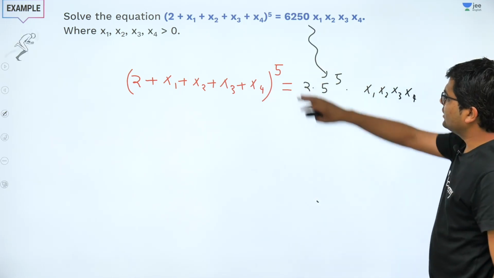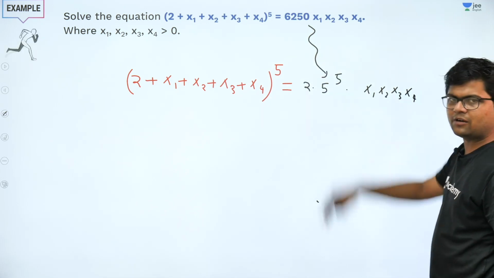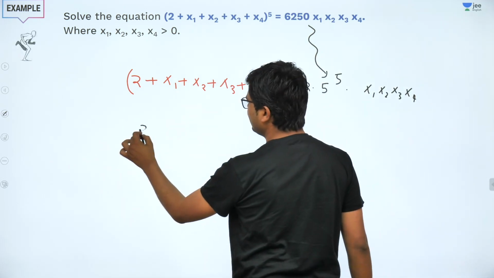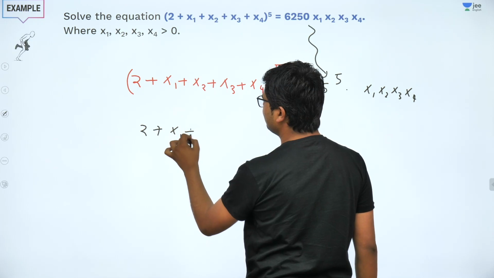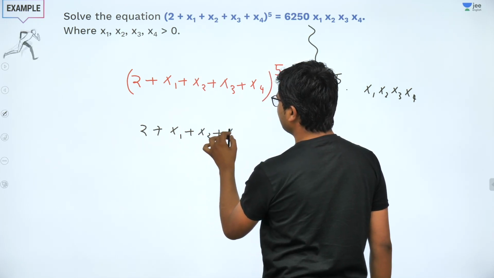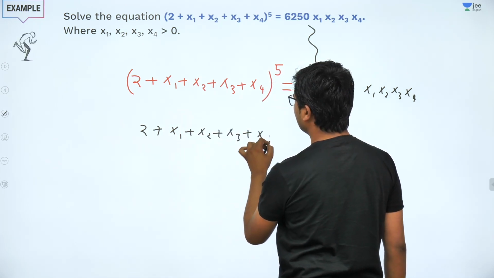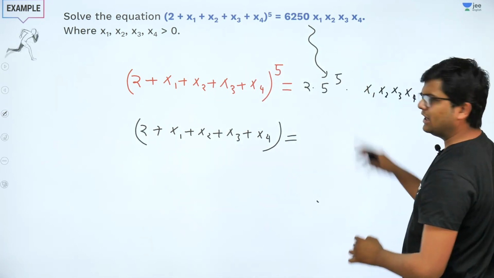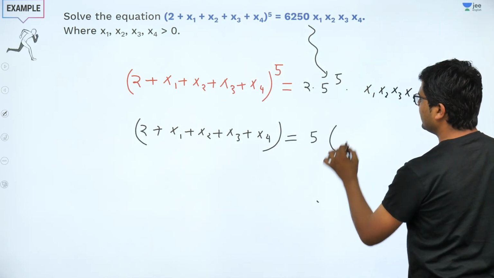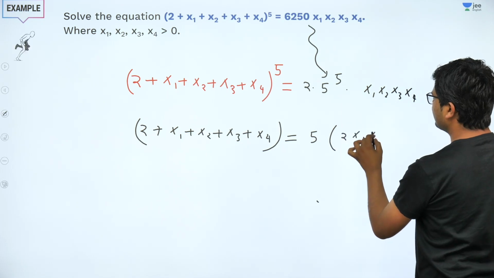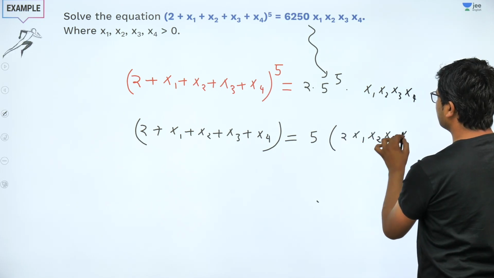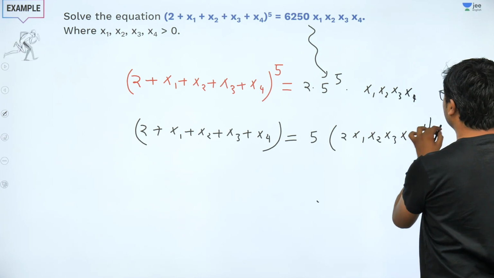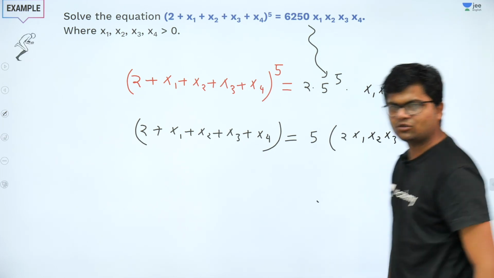Got my point? Now just take this fifth root here. So from here I can say that 2 plus x1 plus x2 plus x3 plus x4 is equal to how much? 5 will come out of the root, and 2 times x1, x2, x3, x4, its fifth root. That is what we need to solve.